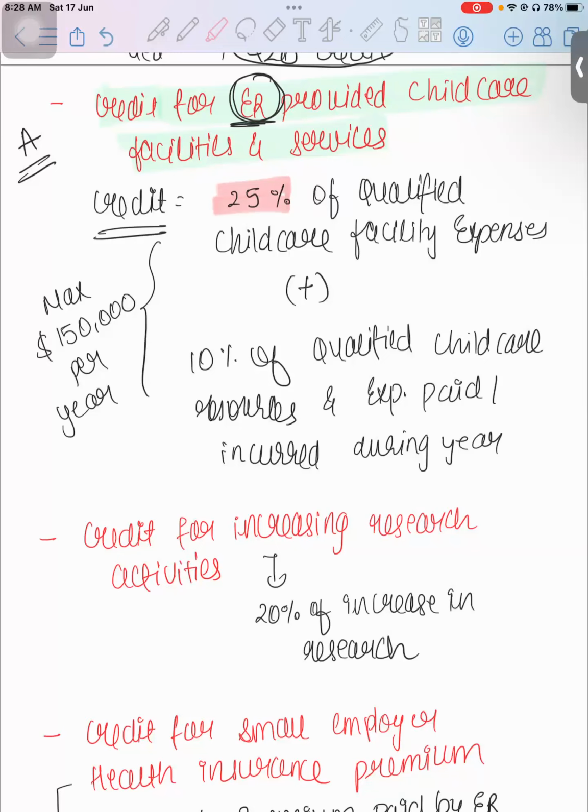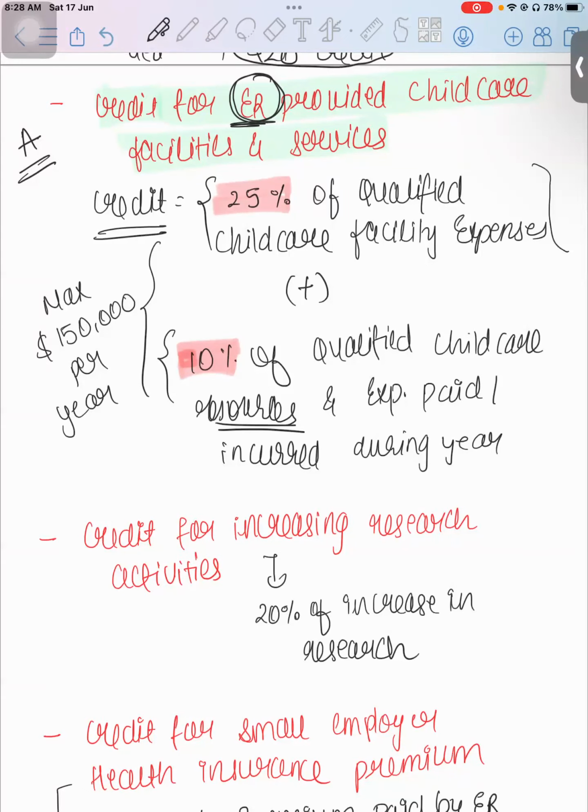For that extra expense, the whole amount is multiplied by 10%. So you can take a credit of 25% of the fixed fees and 10% of the extra resources which you are providing.